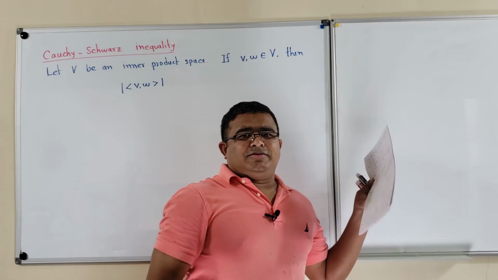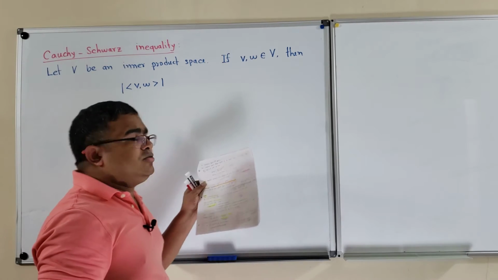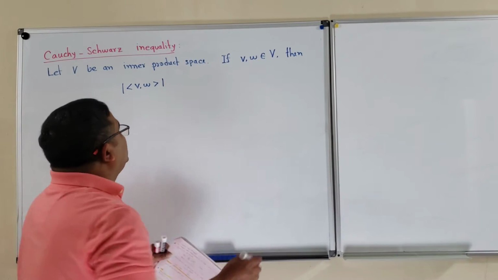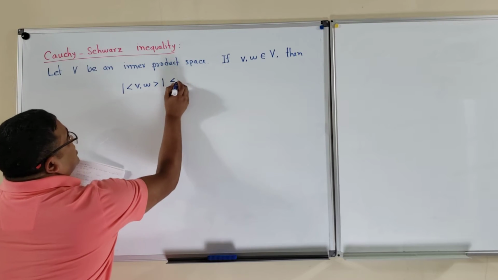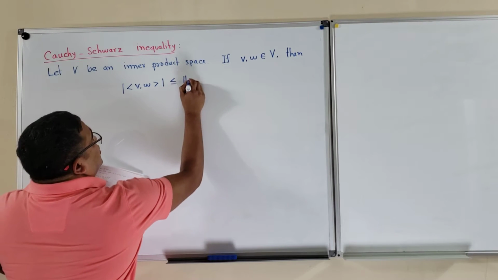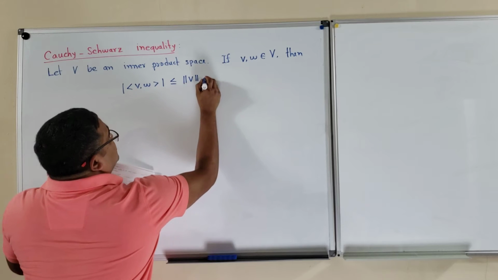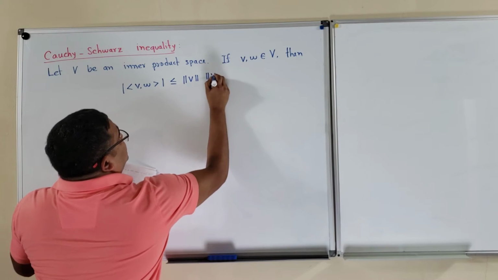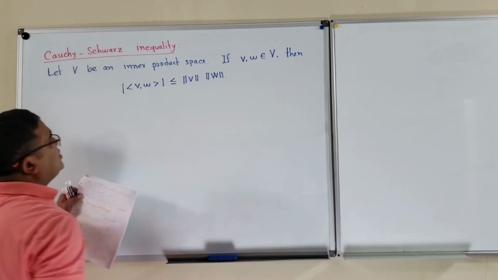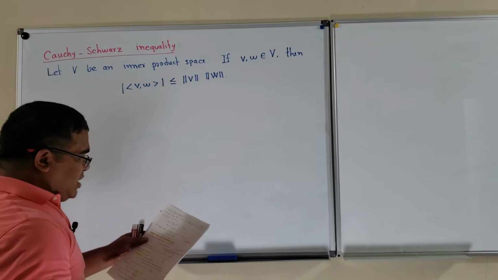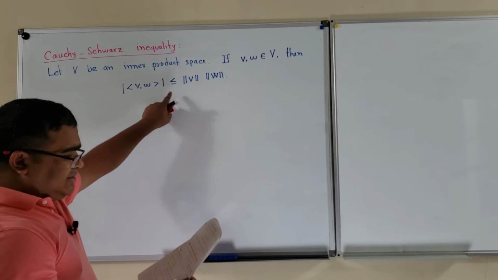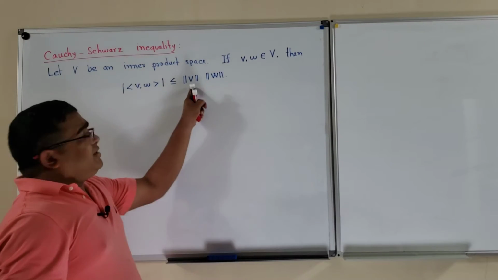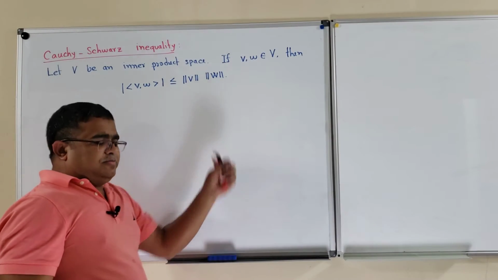If we take the absolute value, then it is always positive. This should be less than or equal to the norm of v times the norm of w. So, the absolute value of the inner product of two vectors is less than or equal to the product of their individual norms.